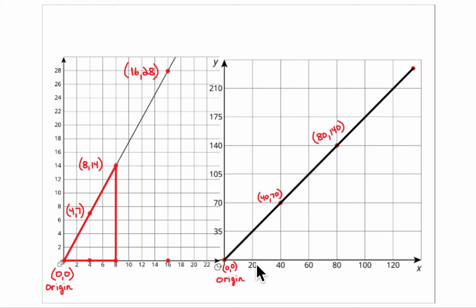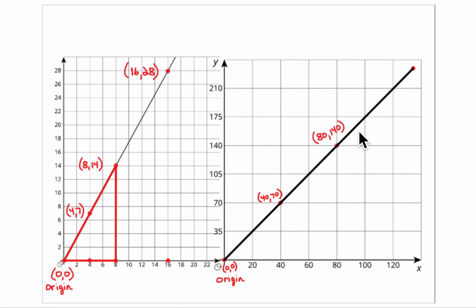Maybe it's 20 miles, and it takes 35 minutes to travel that 20 miles. So maybe this is minutes, maybe this is miles. So they are different values, even though the lengths look the same. So you have to be careful, and we're going to do this a lot to get used to it.